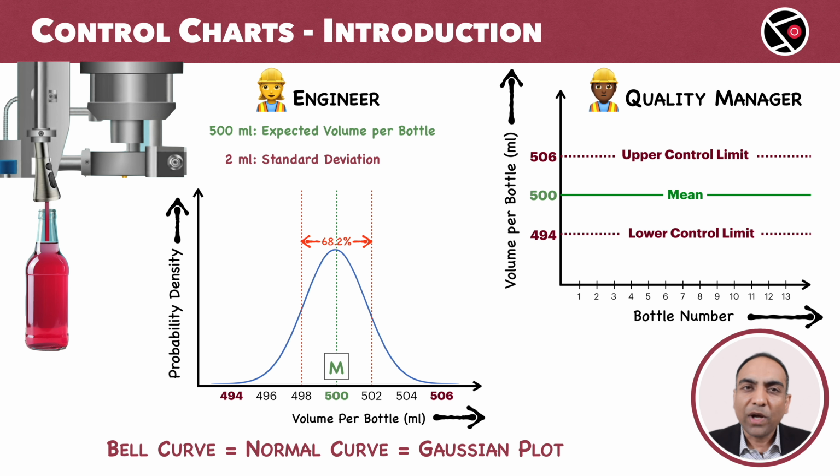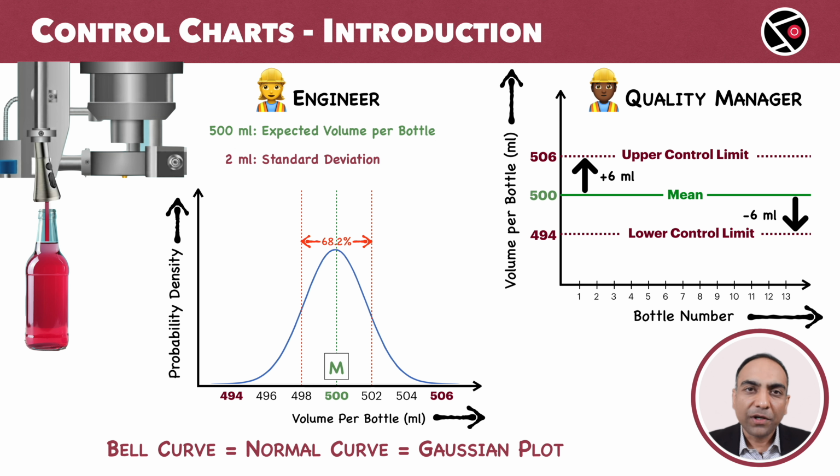Notice that we are 6 above the mean for UCL and 6 below the mean for LCL. But why 6? The standard deviation or sigma is 2 ml. 3 times 2 gives us 6. 3 times sigma is used to define the UCL and LCL.